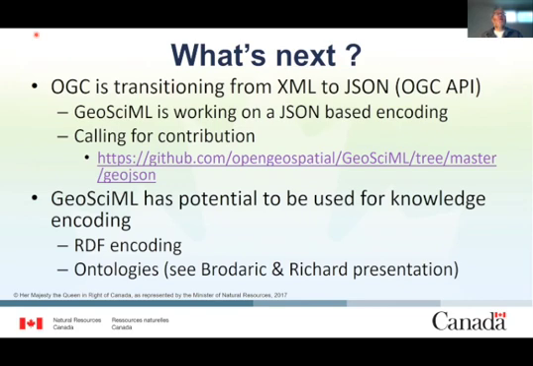We started work on the GitHub account for GeoSciML. We started looking a bit at the existing JSON encoding and what would be required to make a compliant GeoJSON representation. And also, since GML has a lot of potential to be used for knowledge encoding, knowledge representation, we're also looking into RDF encodings.